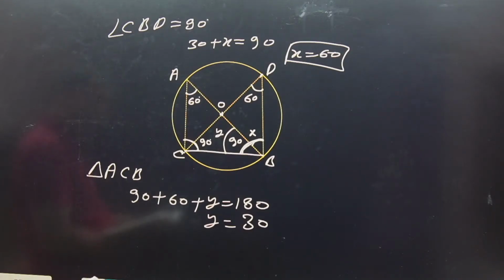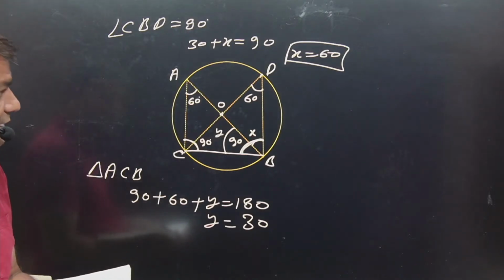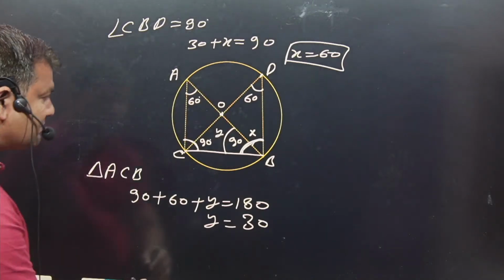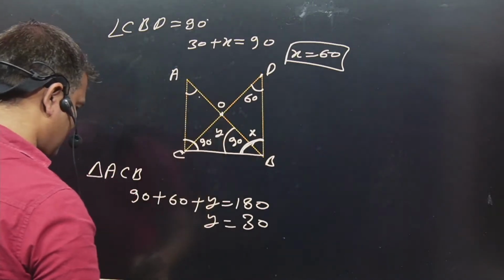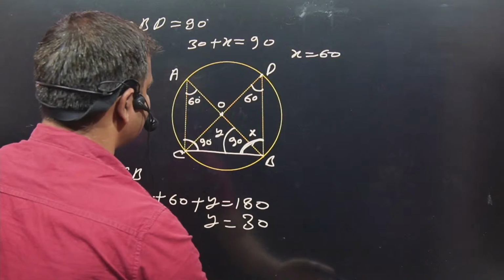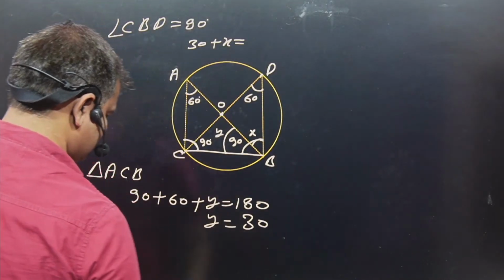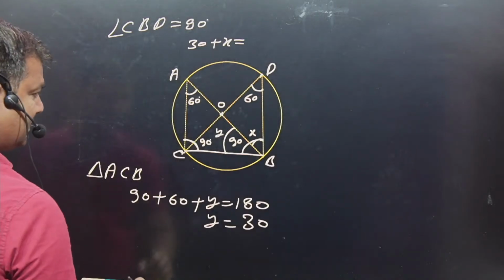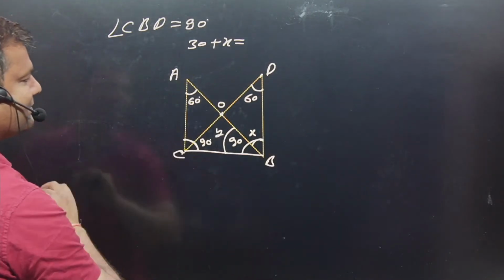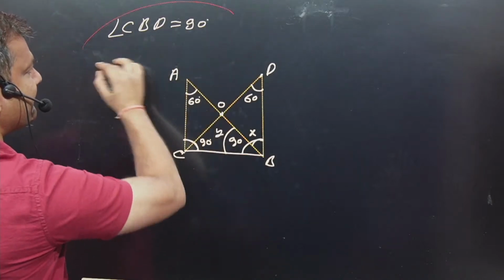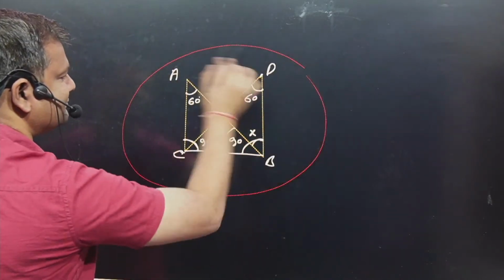If this one is 30, okay, now next, suppose that that angle is 50. I will consider the next question.